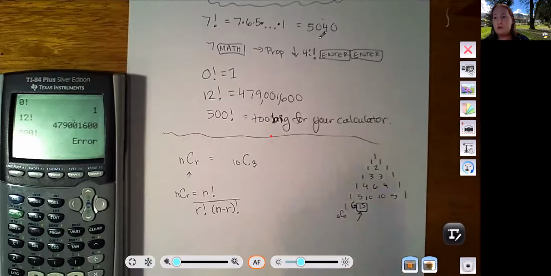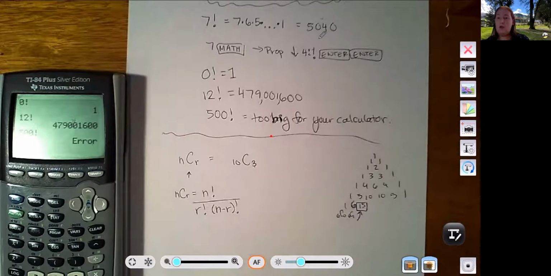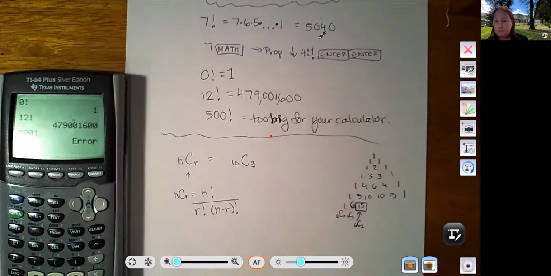You have one option. Just don't pick any of the toppings. 6C1, if you have 6 toppings and you're choosing 1, you will have 6 options, just each one of those 6 toppings. If you're picking 2 of the toppings from the 6 toppings available, you will have 15 options. That's what this means.